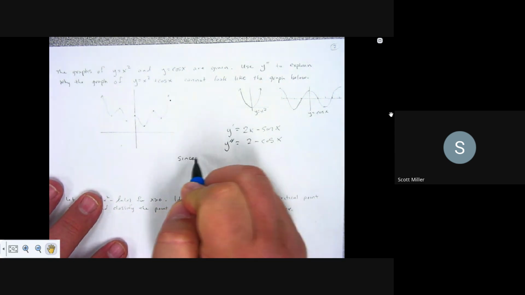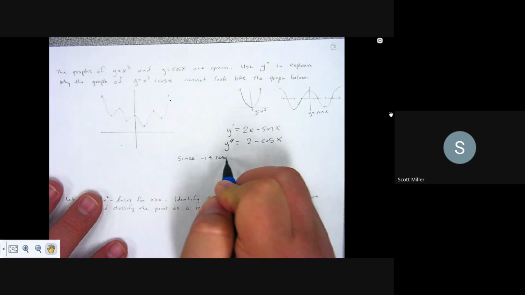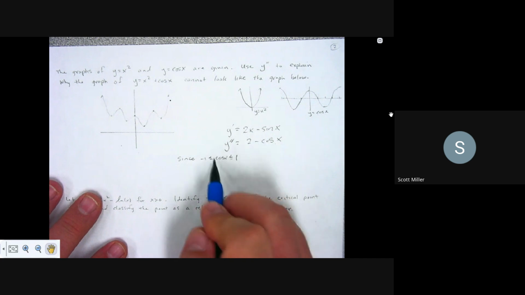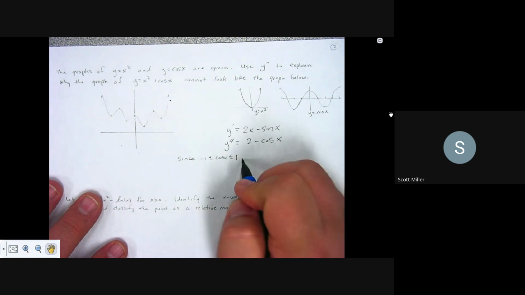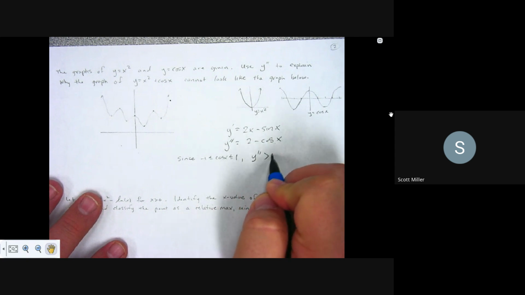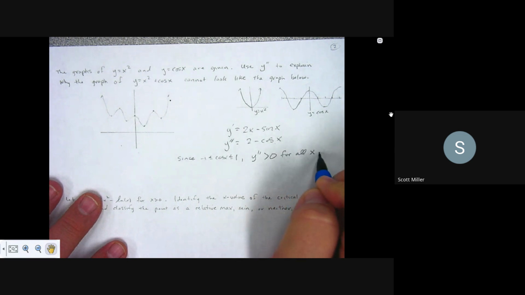So since -1 is less than or equal to the cosine of x, the values of the cosine are between -1 and 1. That's what I'm saying here. When that occurs, the second derivative is always greater than 0 for all x's.